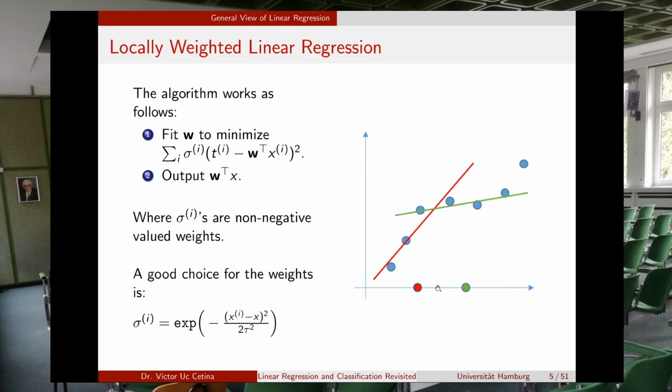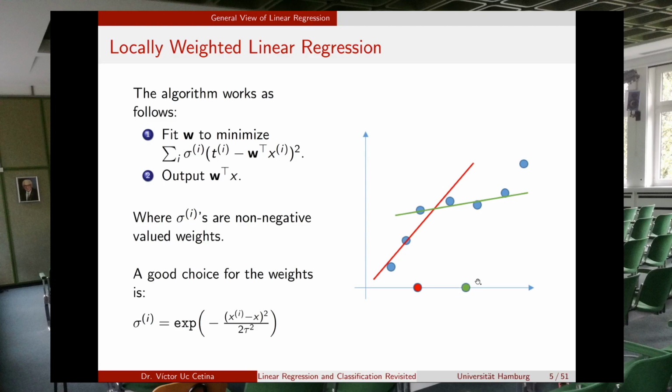So for example, if we want to evaluate a point that is over here, it makes more sense to consider more important the points that are closer in the neighborhood of the red point. So our model will take into consideration more these points than the points that are far away.